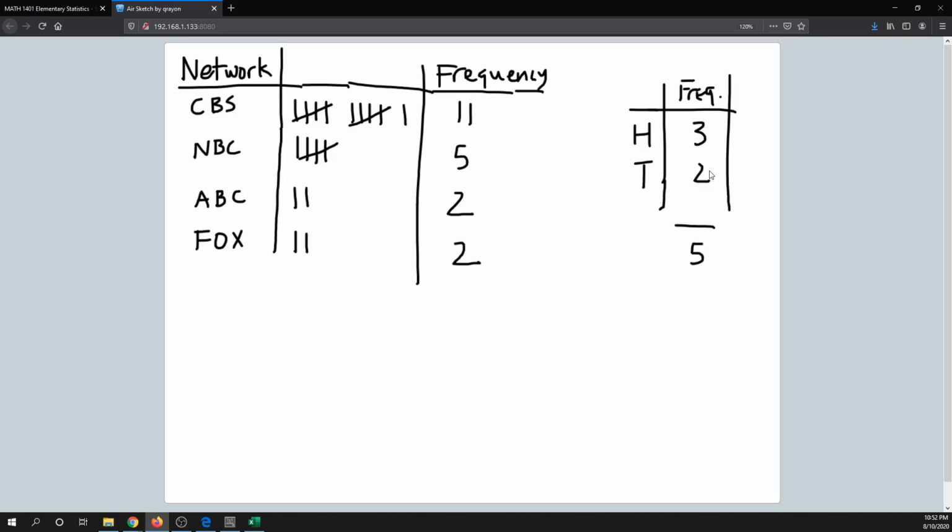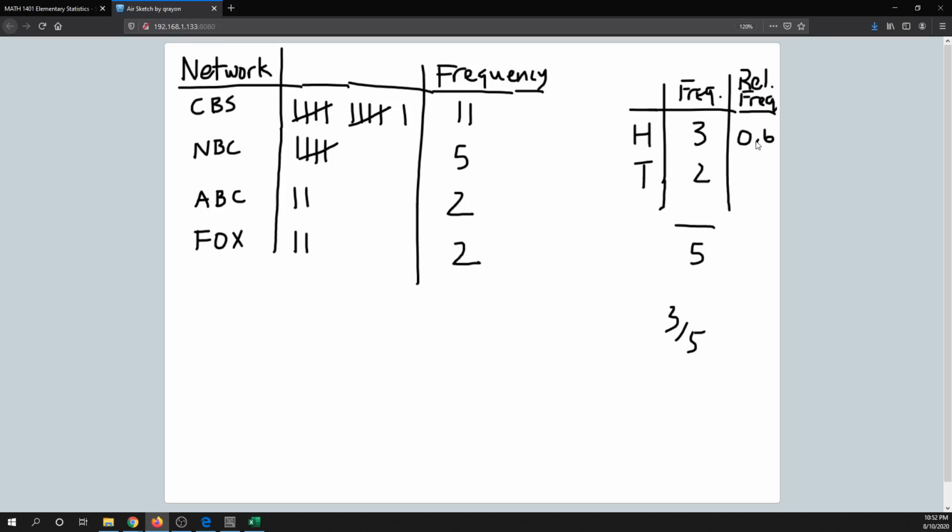And then to put the relative frequency, I shouldn't have written this so far off to the side. For the relative frequency for heads, what you would do is 3 divided by 5, which is 0.6. So here you would put 0.6.